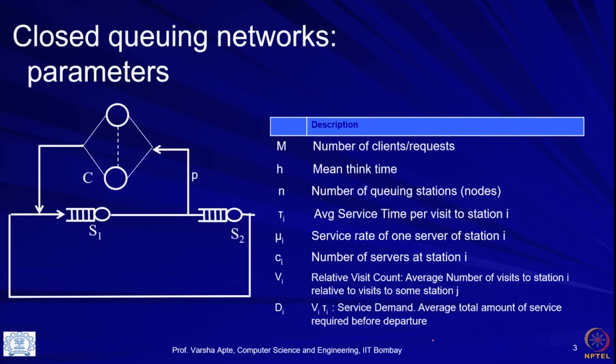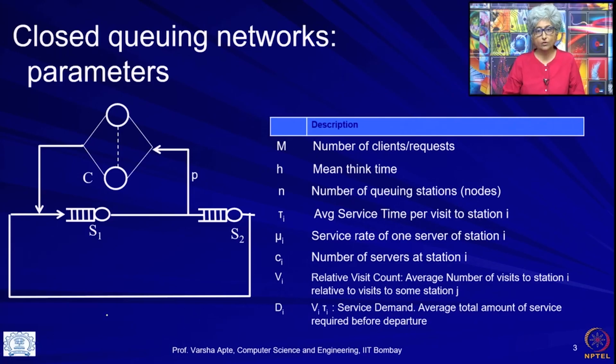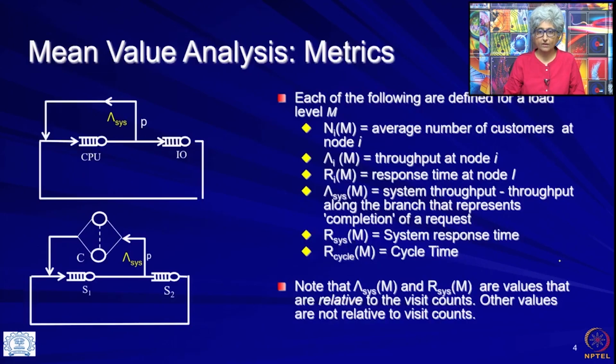So, just as usual I am showing some slides for revising, just for your reference. This is how a closed queuing network is depicted. These are the parameters, then we have the standard set of metrics. Just to recall again that the main index of load, the way we show load or we count load for a closed queuing system is by the number of users.